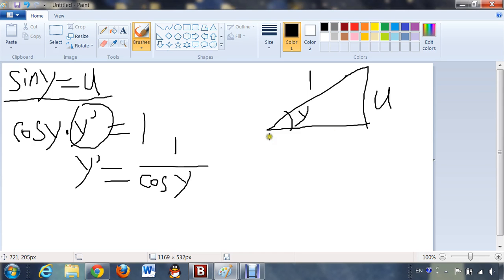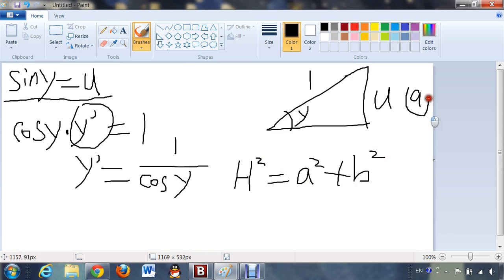So how do we find it? We have to use some trig identities, or simply the Pythagorean theorem, because the hypotenuse squared is equal to a squared plus b squared. So let's assume this is a, and we have to look for b in order to find the cosine of y.